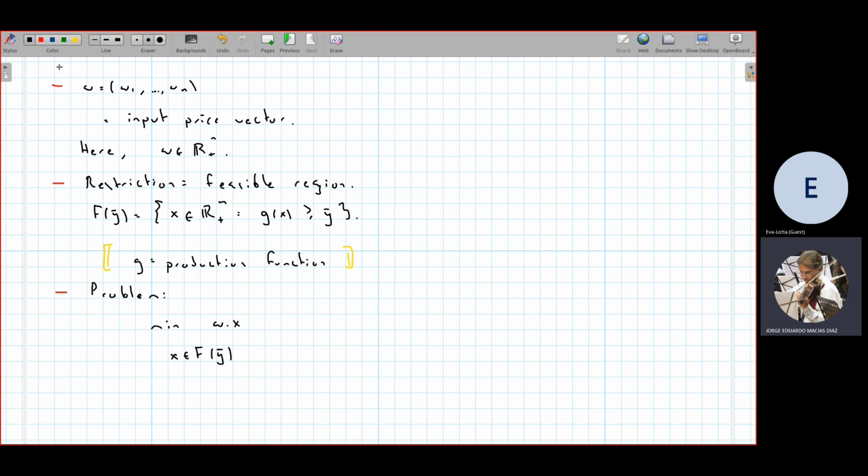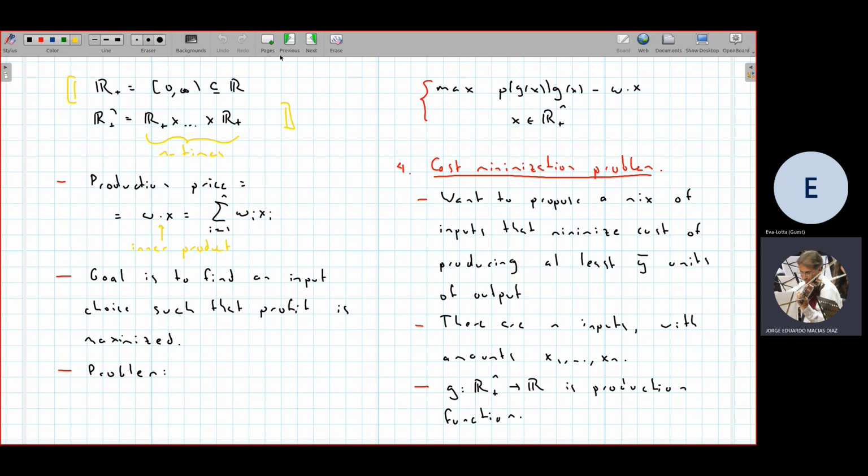So again, this is the cost function, which here is the inner product. So let me go back for a second. The cost function is going to be given in these terms, right? So this is going to be the sum.